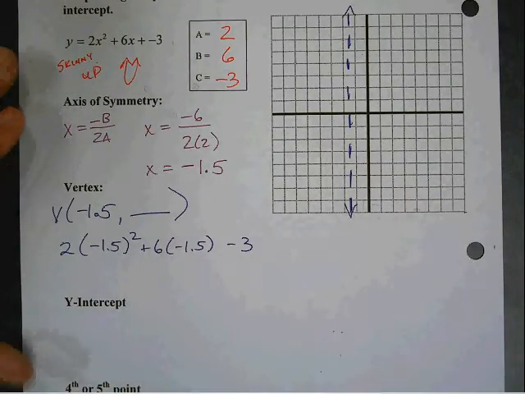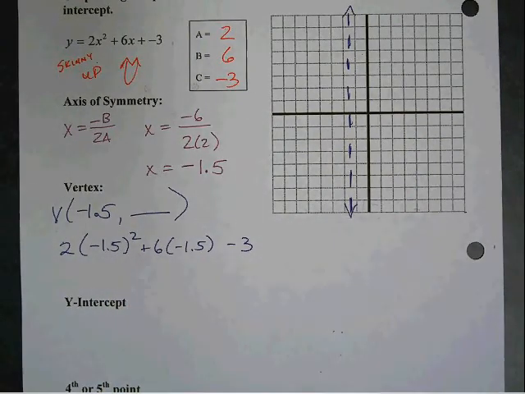Okay, so let's plug that in. 2 parentheses -1.5 parentheses squared plus 6 parentheses -1.5 close parentheses minus 3. Check me on this. I get -7.5.